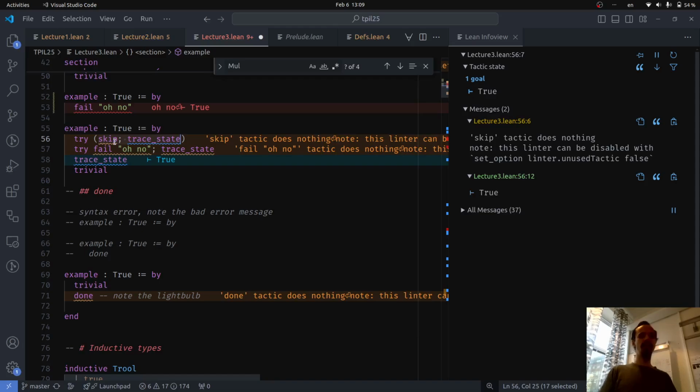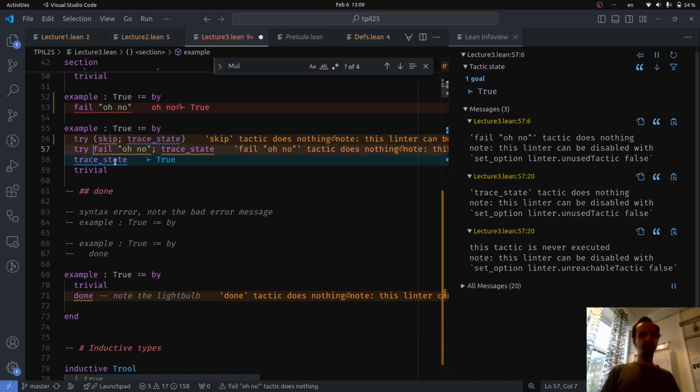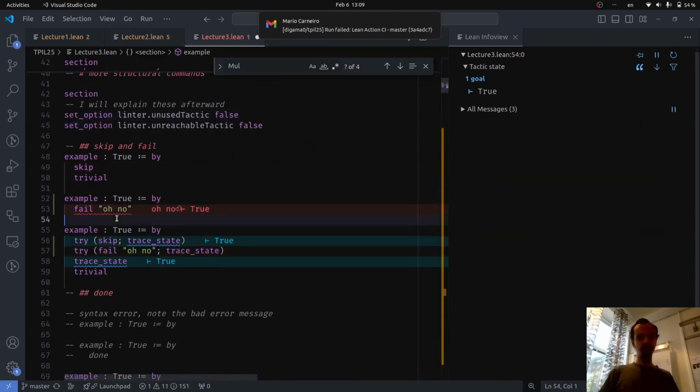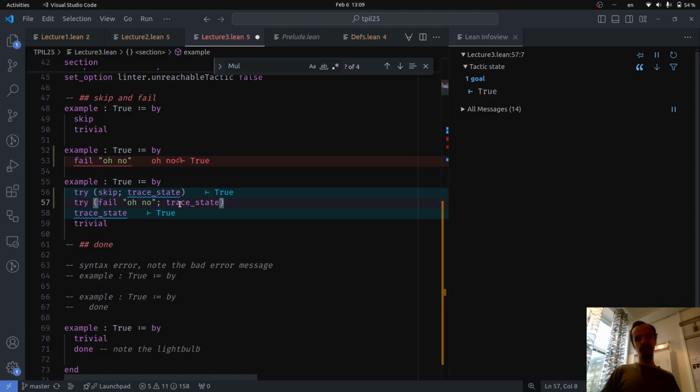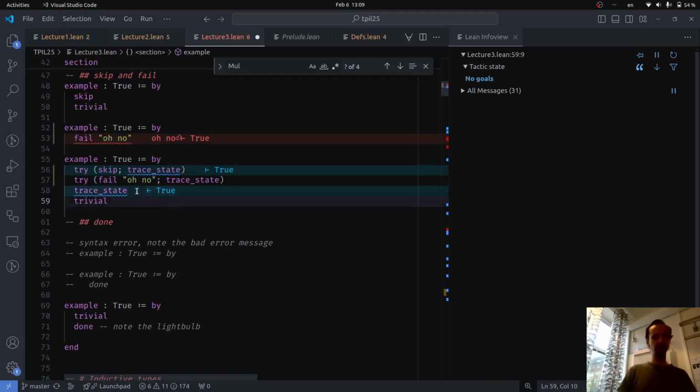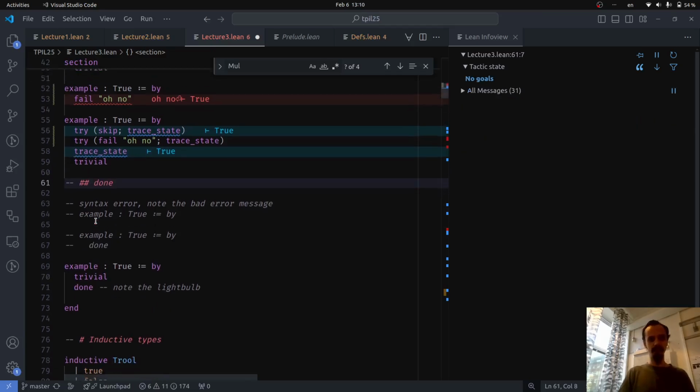So here we have a try around a skip or a fail, and you can see this trace state. It prints out the goal state, but you can tell that this one's running and this one's not running because this one failed first. So this is just some rudimentary control flow that you can control using things that fail.